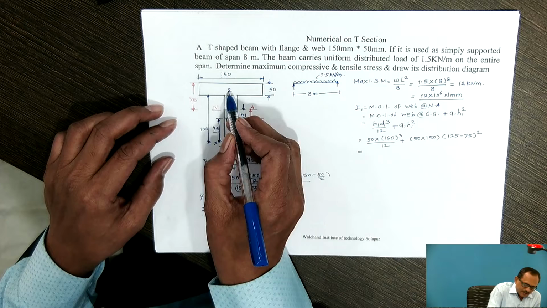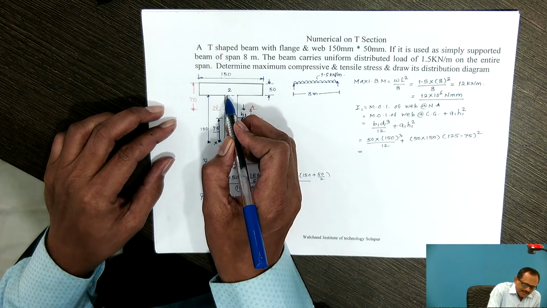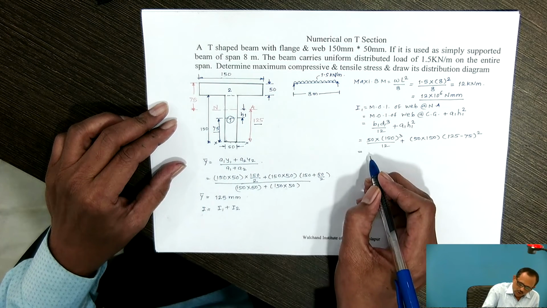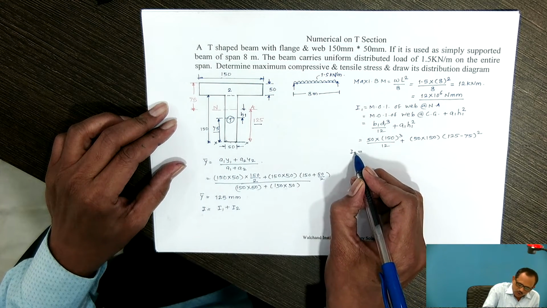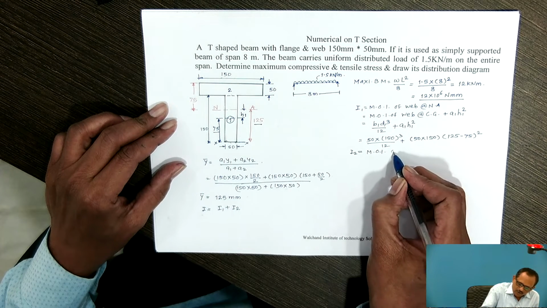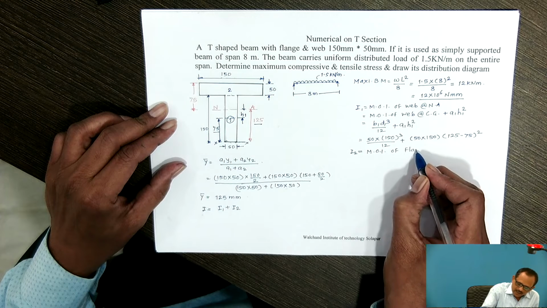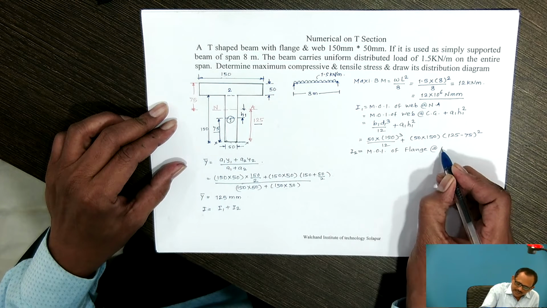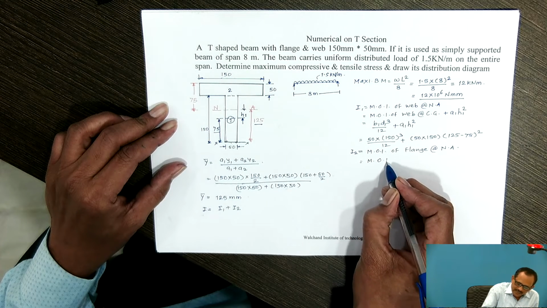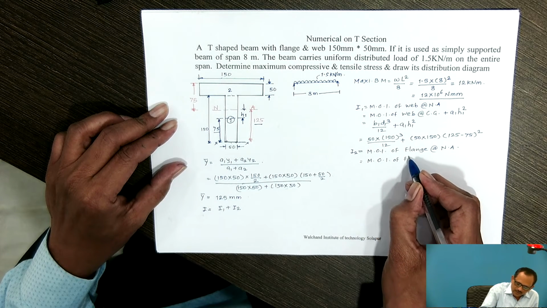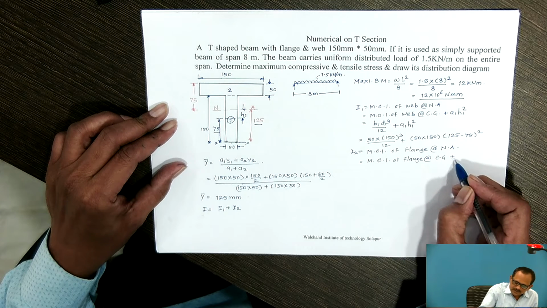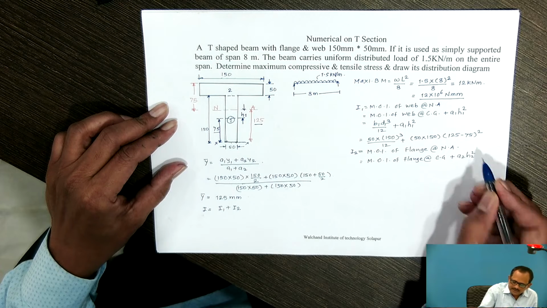Similarly, we can calculate the moment of inertia of this top flange about the neutral axis. So that is I2. So moment of inertia of flange about the neutral axis is equal to moment of inertia of flange about its own CG plus A2 H2 square.